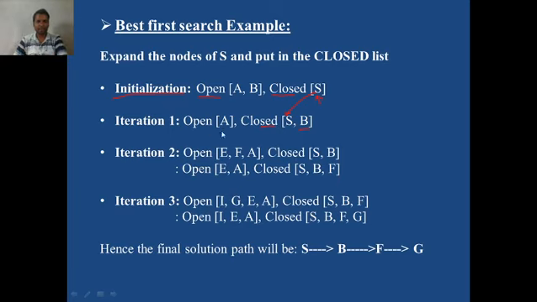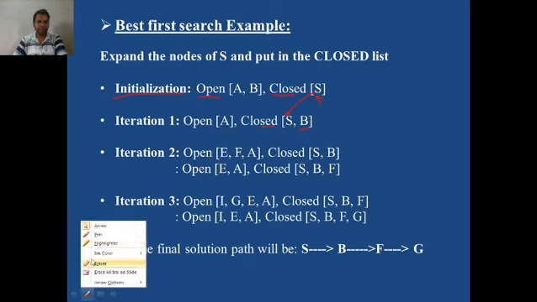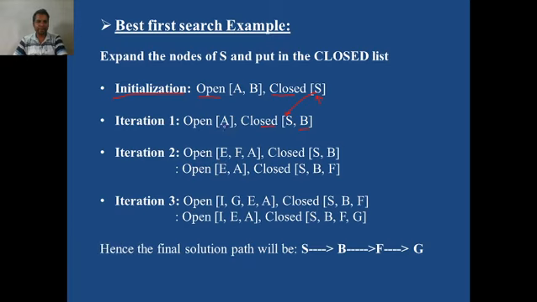After iteration 1, A is kept as it is in the open list. And what else is in the open list?